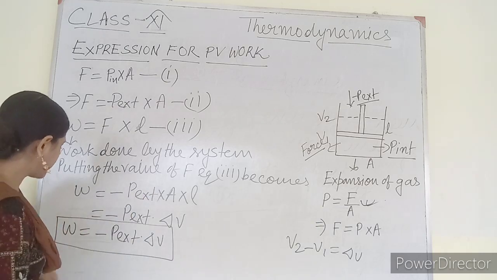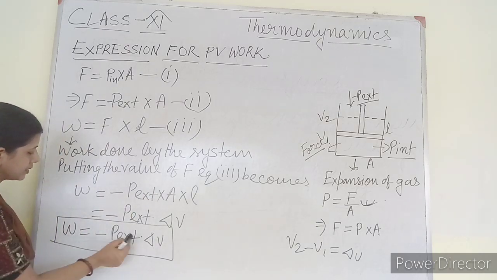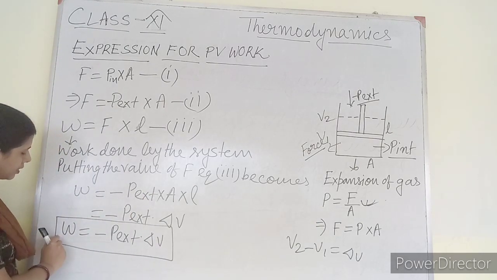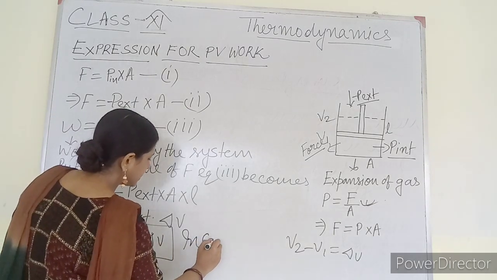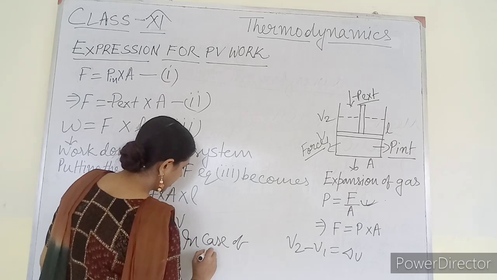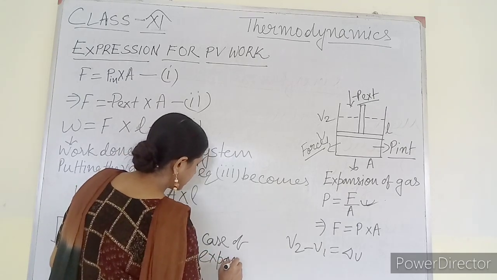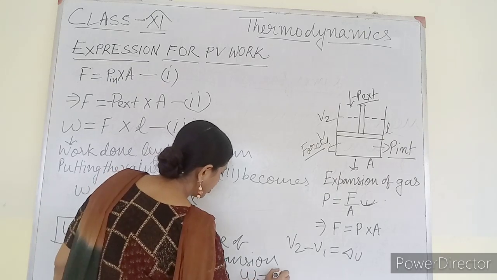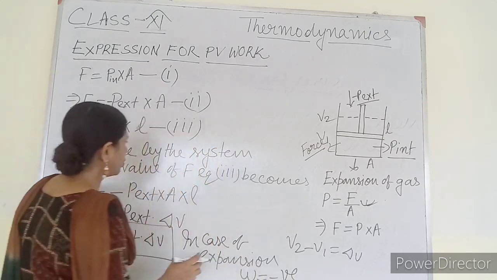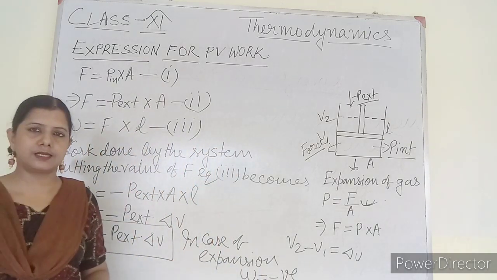In case of expansion, delta V is positive. This one is negative. So W is coming negative. In case of expansion, W equal to minus P delta V, because work is done by the system.